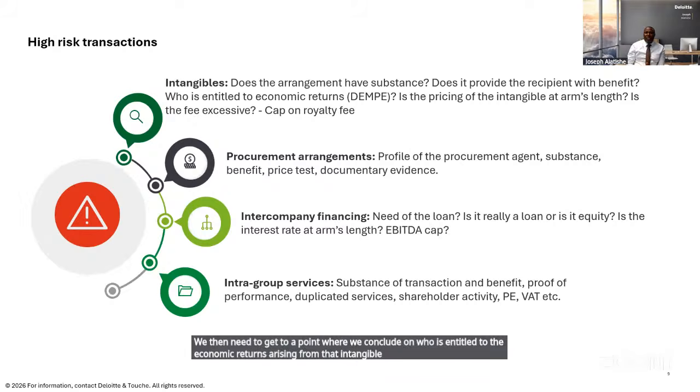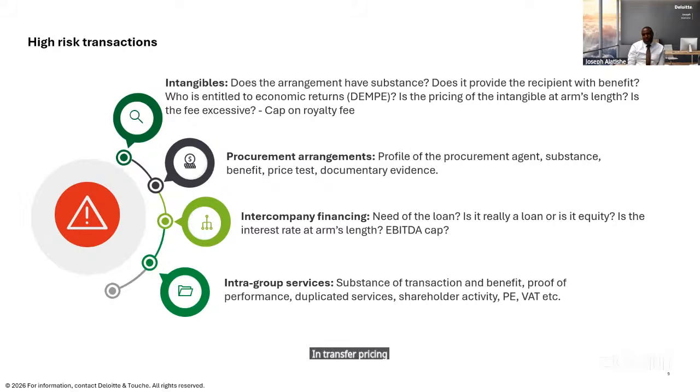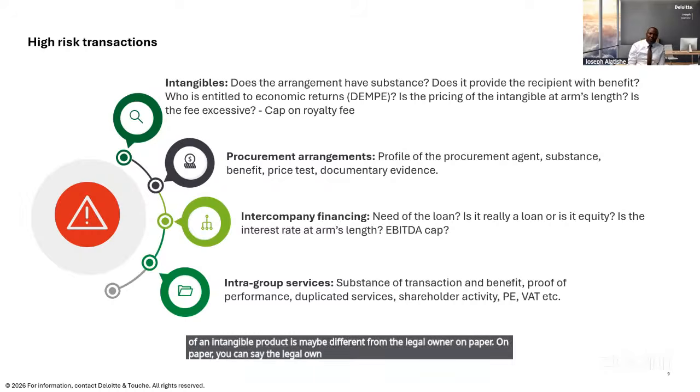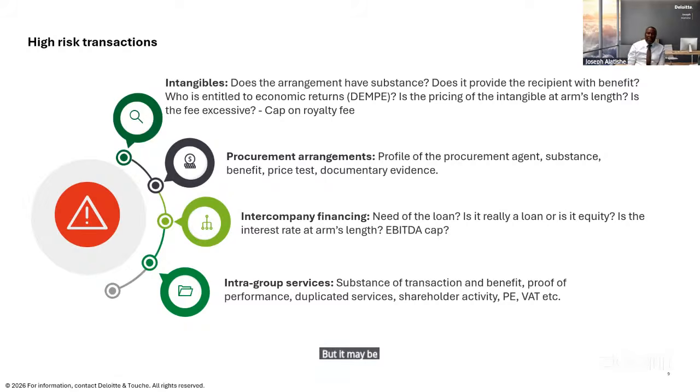In transfer pricing, the economic owner of an intangible product may be different from the legal owner on paper. On paper, you can say the legal owner of the intangible is your entity that is located in Mauritius, for example. But it may be that that software, for instance, was developed, the maintenance enhanced in Nigeria, but the owner of the IP on paper is in Mauritius.